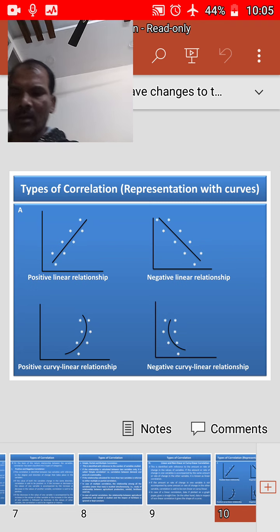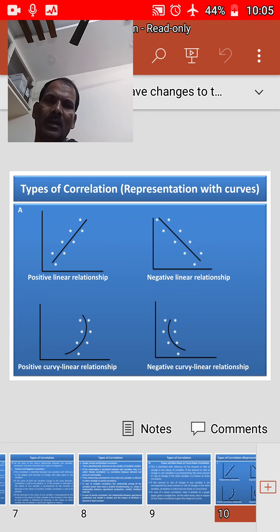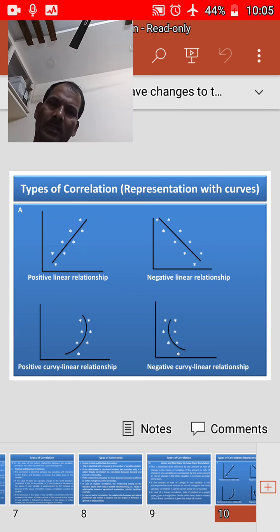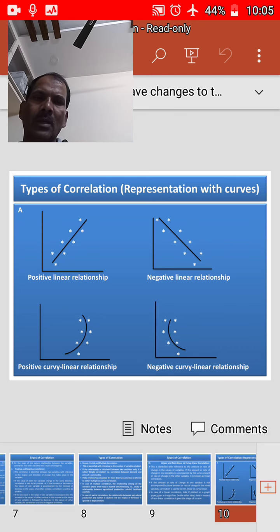It is positive when both are increasing, that is, the units on the x-axis as well as the units on the y-axis are increasing. Whereas in a negative linear relationship, one is increasing and the other is decreasing. That is like a demand curve, whereas the positive one is like a supply curve.